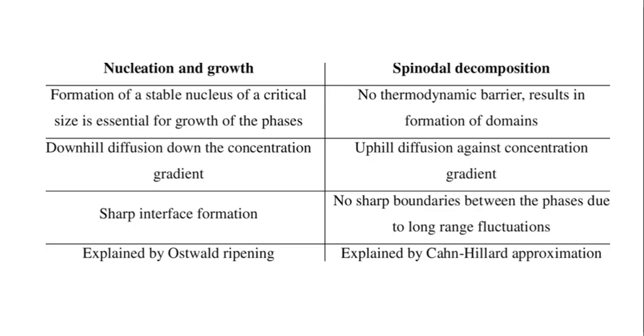The transformation kinetics of nucleation and growth is explained by means of what is known as Ostwald ripening. In the case of spinodal decomposition, the phenomenon is explained by the Cahn-Hilliard approximation.